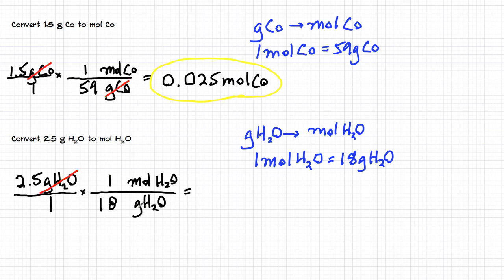And the units cancel here and here. And the only unit left standing is moles of water. And according to my calculator, I get 0.14 moles of water. And that's our final answer.